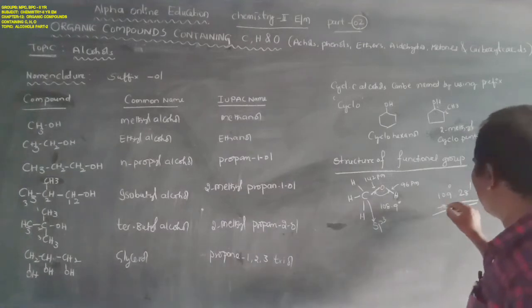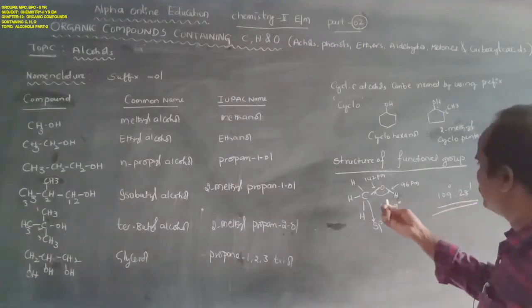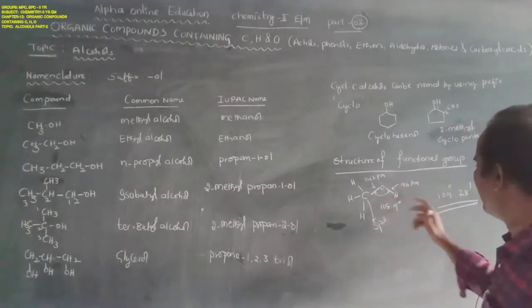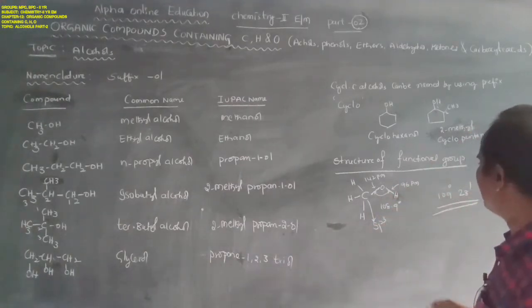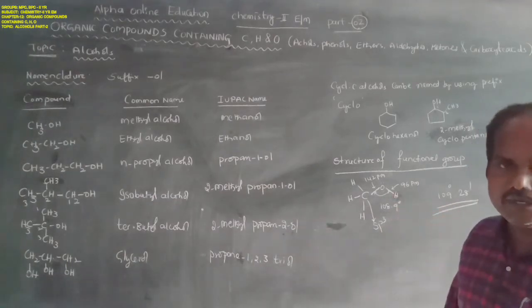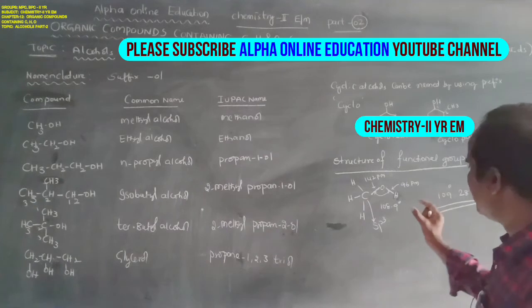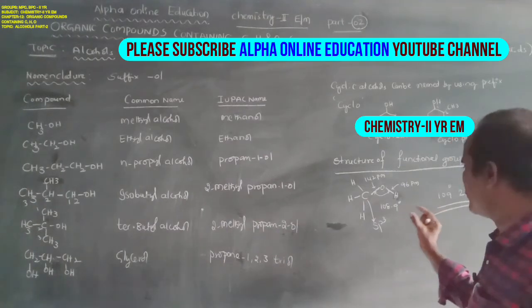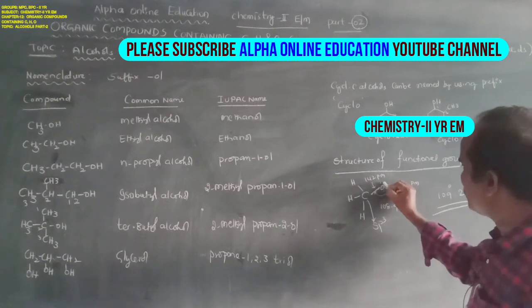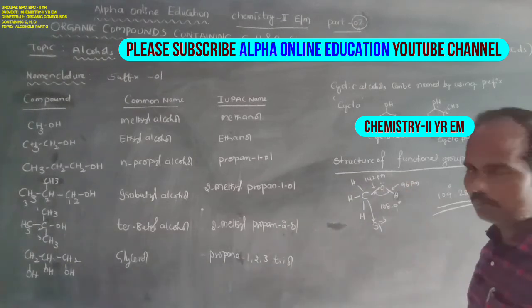In general, when the two atoms are involved in sp3 hybridization, the bond angle is 109 degrees 28 minutes, but here the bond angle is 108.9 degrees. A slight difference is there. This is because of lone pair repulsions.